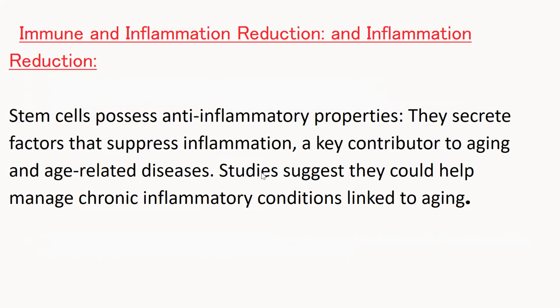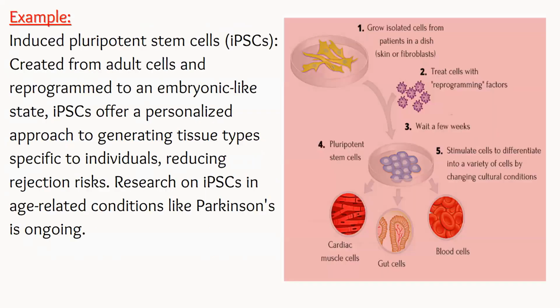Studies suggested they could help manage chronic inflammatory conditions linked to aging. So this is the last thing, which is the side effect that can be caused by stem cells.